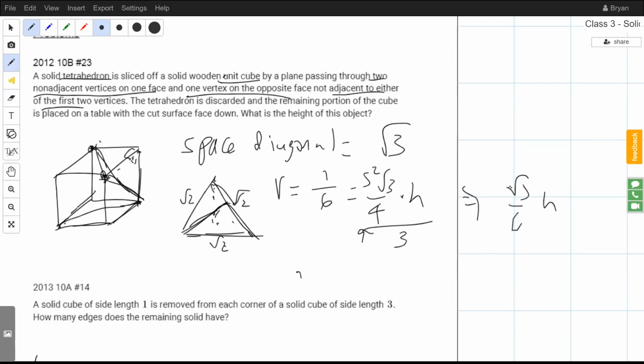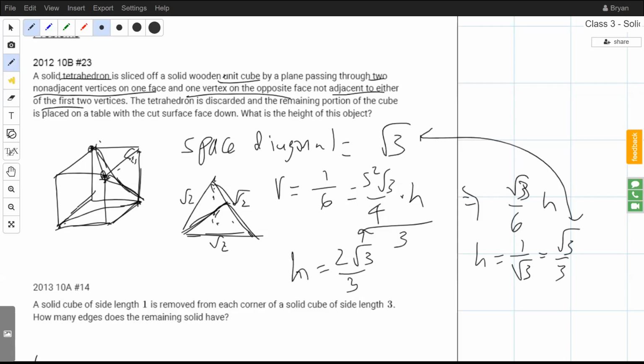Square root 3 over 6 times the height. So then 1/6 equals square root 3 over 6 times the height. This means that the height is just going to be 1 over the square root of 3, or root 3 over 3. So now we can just subtract these two, so we get the total height is just 2 square root 3 over 3.